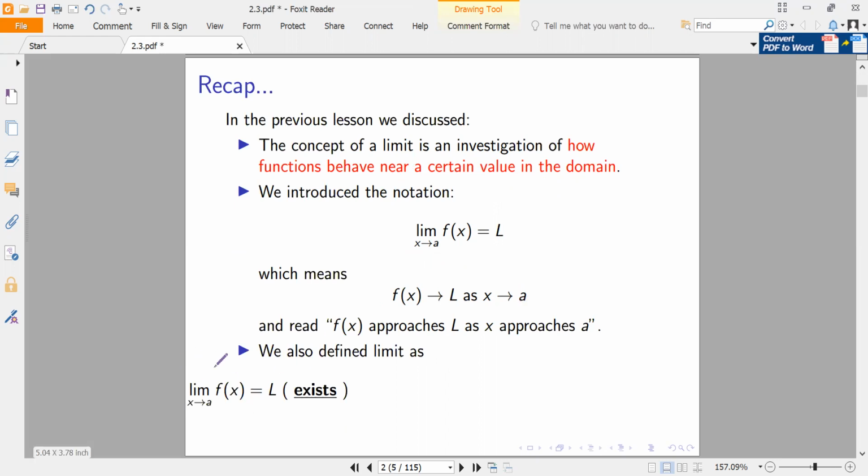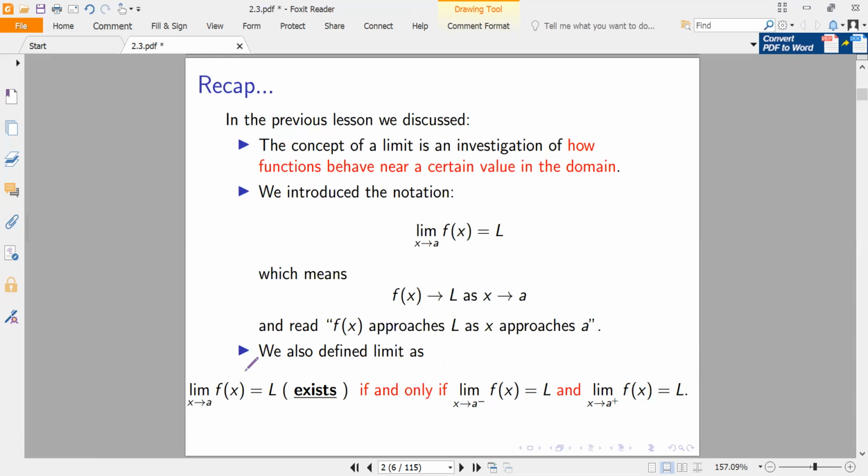We say that the limit exists, or L is the limit of f of x as x approaches a, if and only if f of x approaches L when x approaches a from the left, and very important, also from the right. That's when we say the limit exists.